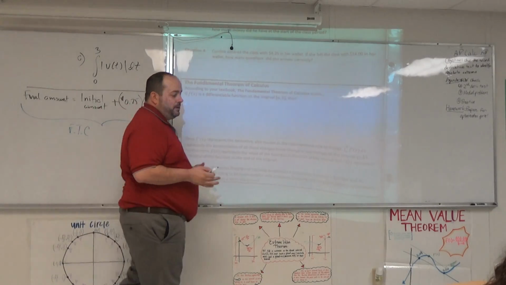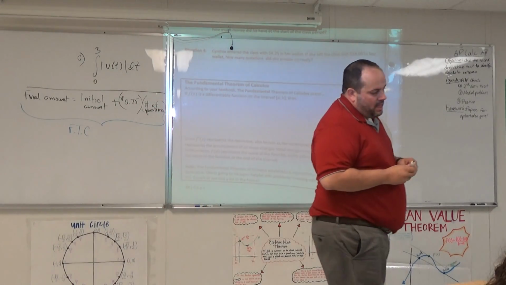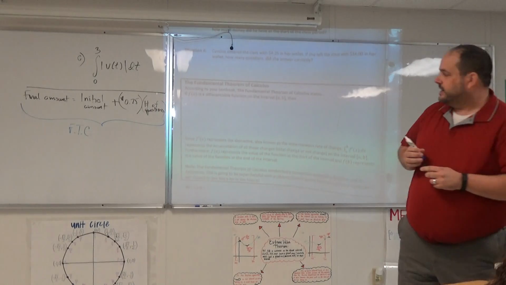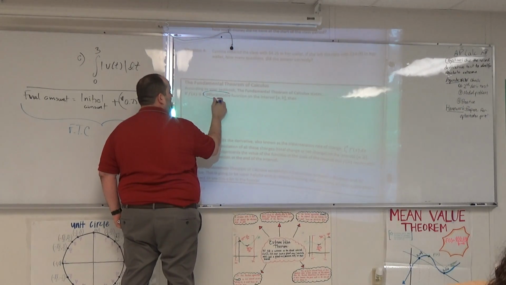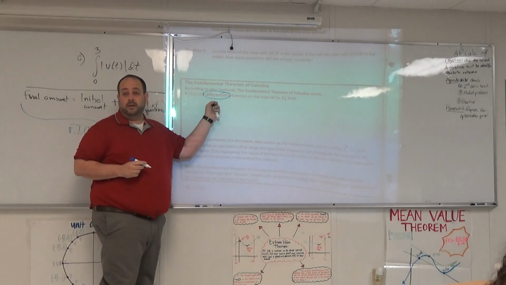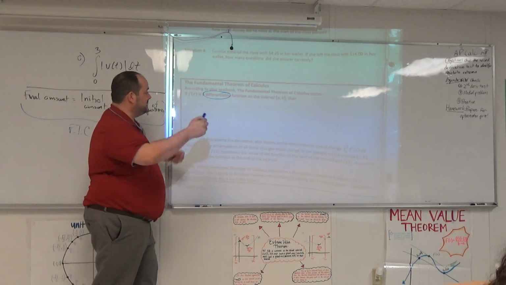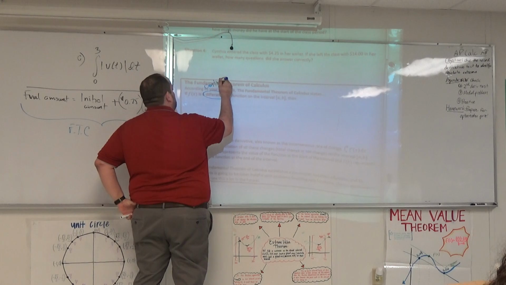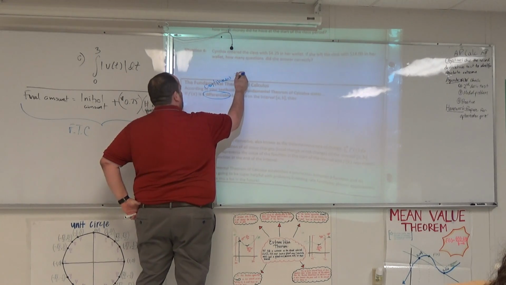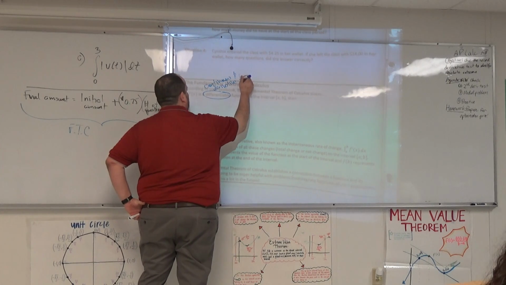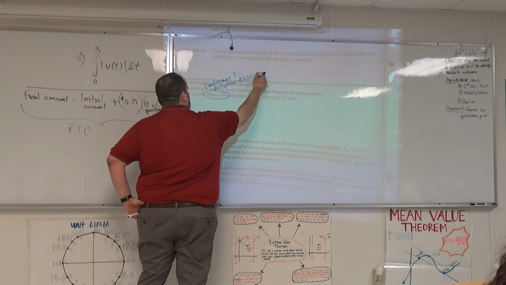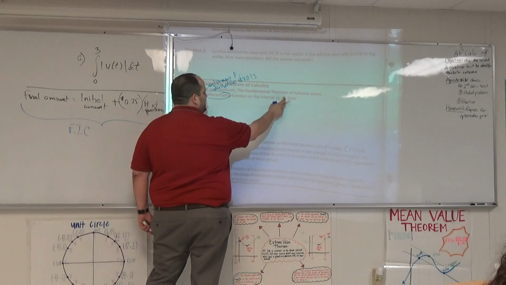According to your textbook, here's what the fundamental theorem of calculus says. If f is differentiable, differentiable means what? It's been a while. Continuous and derivative exists. So this is true for differentiable functions, continuous and derivative exists on the interval AB.